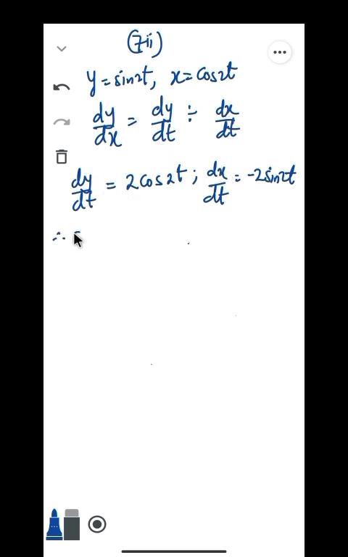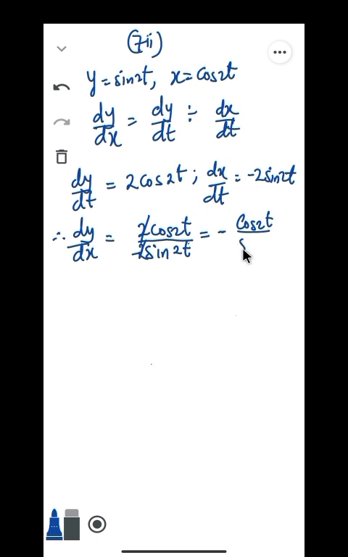So therefore dy/dx will be equal to, substitute this, you have 2 cos 2t all over -2 sine 2t, right? So these two can cancel these two, and we have negative cos 2t over sine 2t.